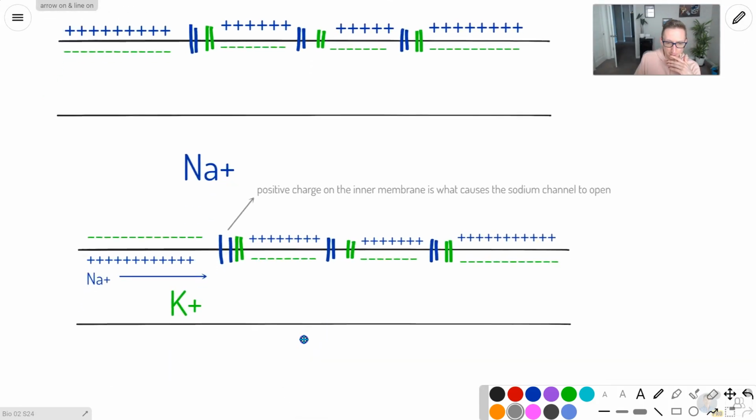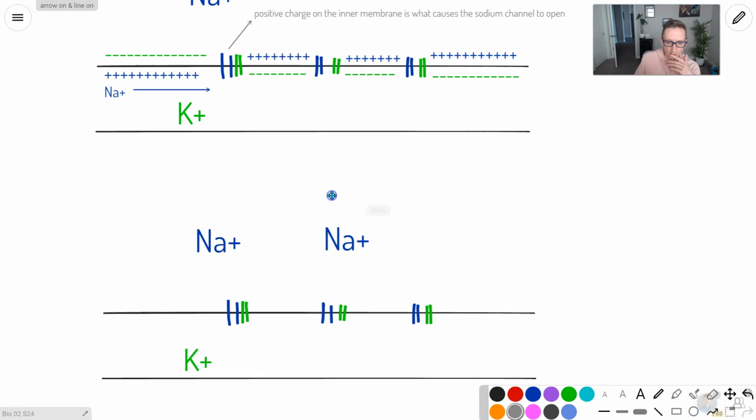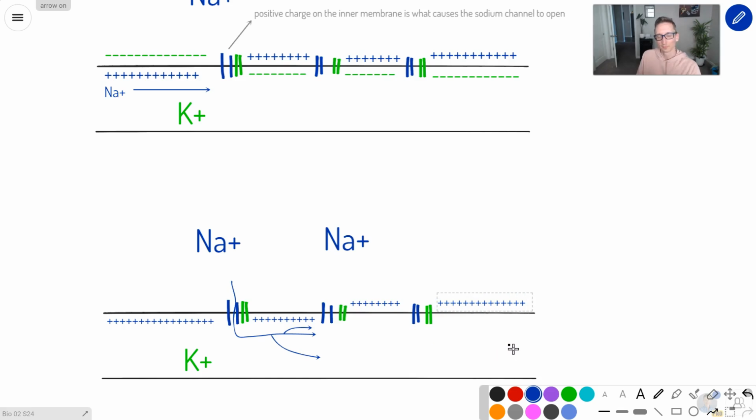Okay, I think you can see where this is going. So then what happens here? Well, we had our sodiums rushing in. These sodiums were rushing in, if you remember, and diffusing all along here. So what that means is we're going to have positive all here, and positive here as well, but it'll be positive up here too.